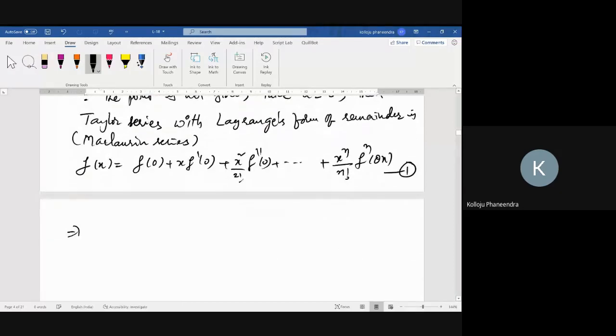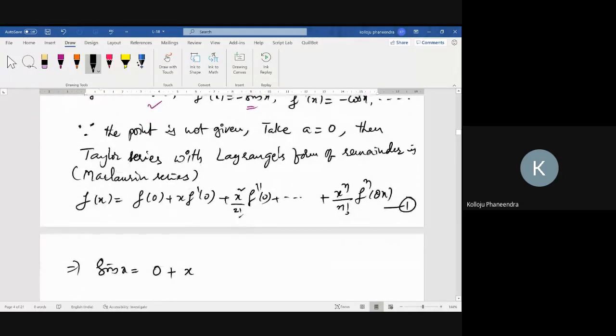So what is this one? F of x, this is sin x, equal to f of 0, sin 0, which is 0, plus x into f dash, cosine x, what is it at point 0? Next, plus x squared by factorial 2 f double dash, minus sin x at x equal to 0. Next one, plus x cubed by factorial 3, minus cos x at x equal to 0 and so on.